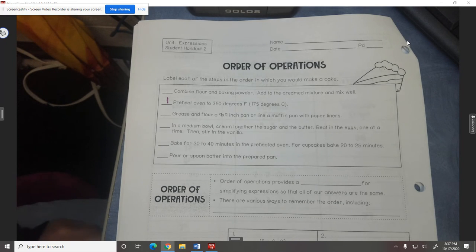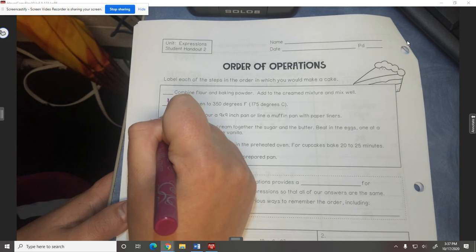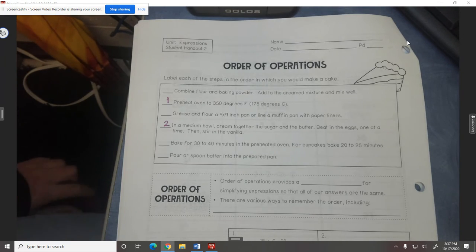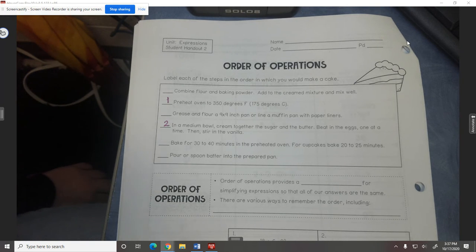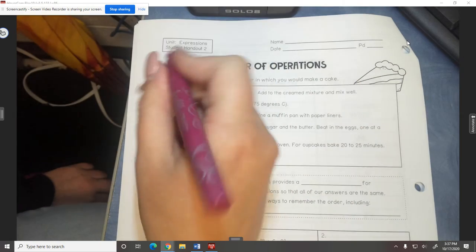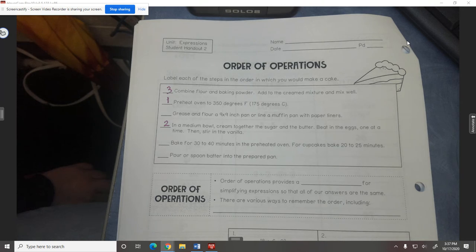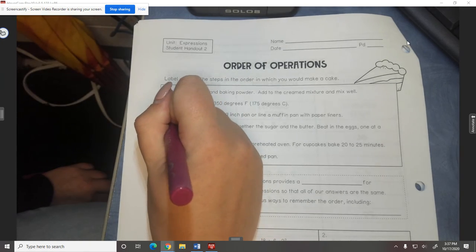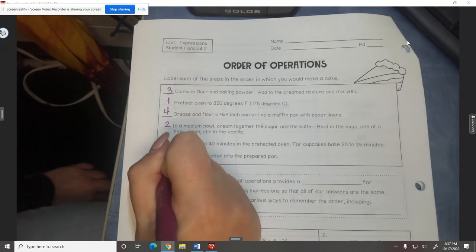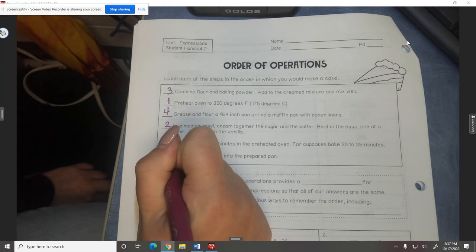Step 2, you always start with your liquid stuff when baking cakes. So step 2 would be to, in a medium bowl, mix those ingredients together. Then we're going to combine the flour. Once everything's been combined, we need to prepare our pan. Then we can pour it into the pan, and then we can bake.